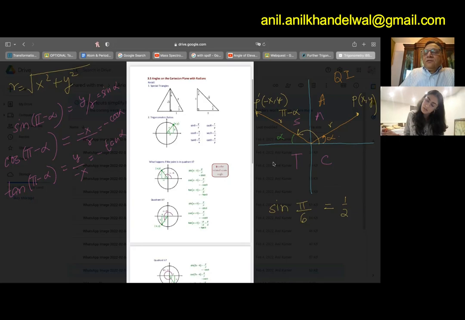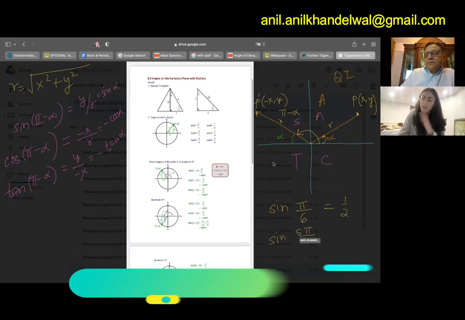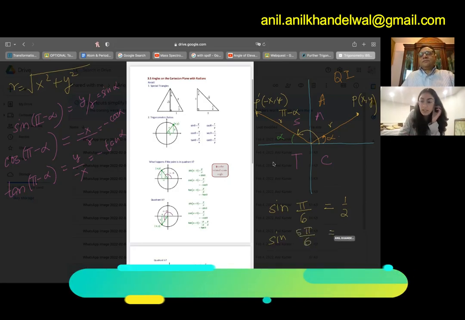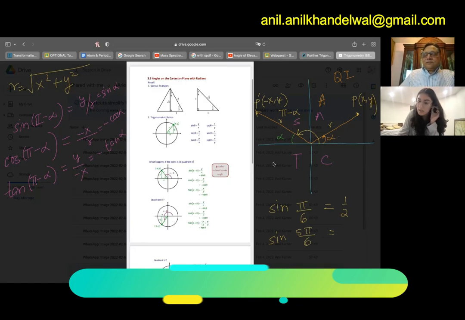Now, if I take that as alpha, what is sine of 5 pi by 6? 5 pi by 6 is pi minus pi by 6, right? Yes, so it's 6 pi over 6 minus pi over 6, which is the same as half. You get the idea, right? Yeah.